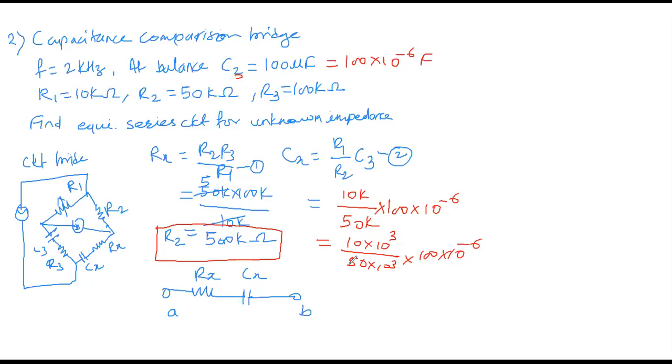Okay, so what do we get here? 10 raised to 3 and 10 raised to 3 will get cancelled. So 10 into 2, 20 microfarad is the answer for Cx.